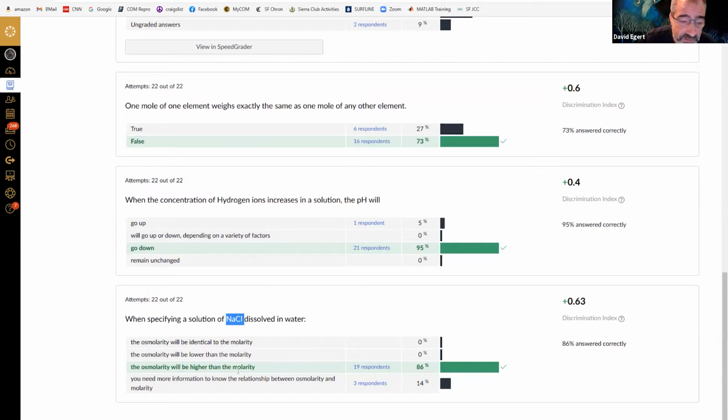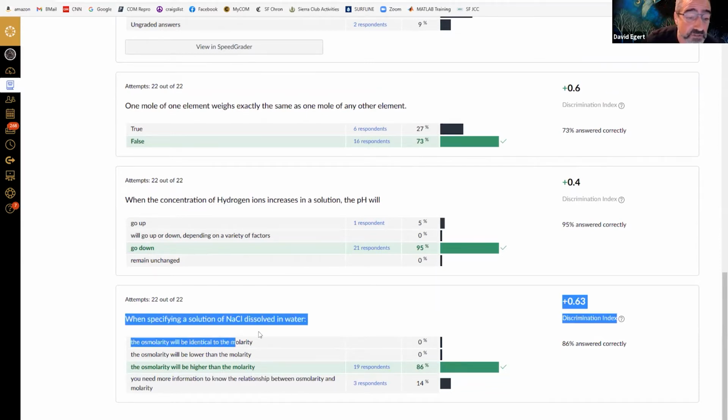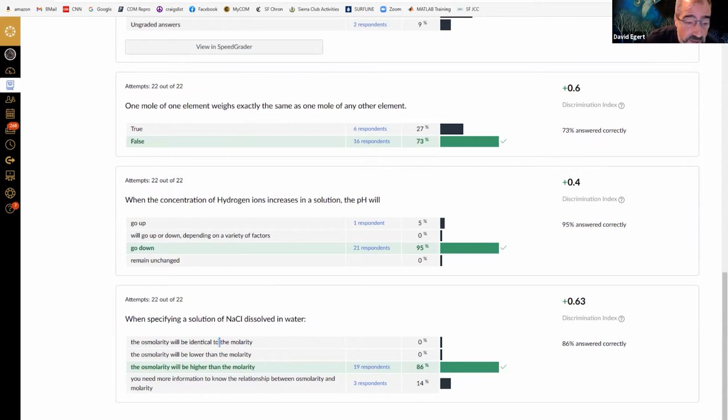And finally, this one. If you were one of the respondents who said you need more information, you also need to think more about osmolarity and dissociation here. When specifying a solution of NaCl dissolved in water, so osmolarity compared to molarity, we know NaCl is going to break apart into 2 separate independent ions.